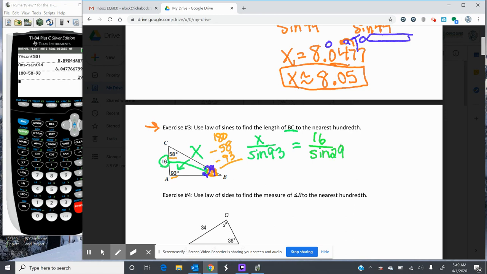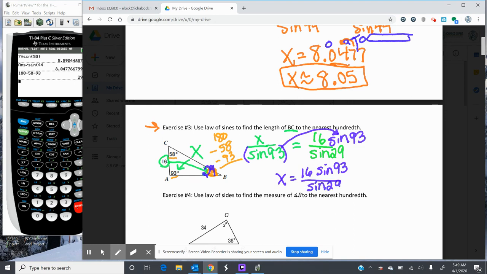And cross products. Now here's a little shortcut now that we've done a couple of these. This denominator gets multiplied up to this numerator. We're always going to keep that sine 29 in the denominator because it's going to end up being divided over. So our fraction goes x equals 16 sine 93 over sine of 29.